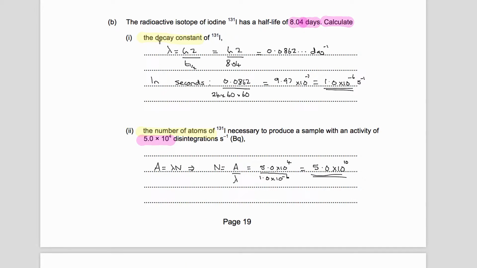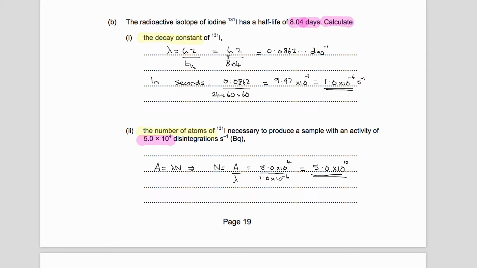In part B, we're told that the radioactive isotope of iodine, iodine 131, has a half-life of 8.04 days. And we're asked to calculate the decay constant. So the decay constant is simply equal to the natural log of 2 over the half-life.